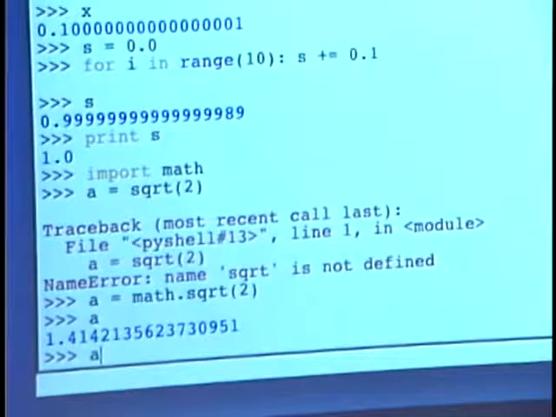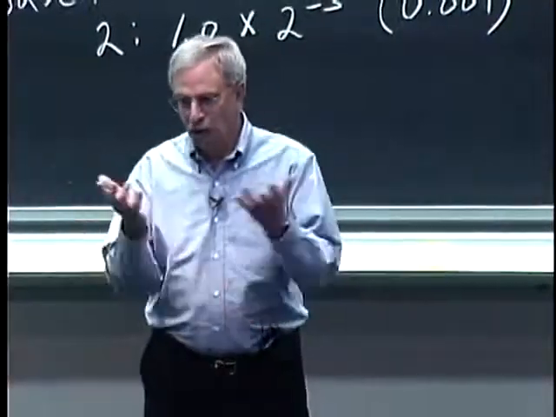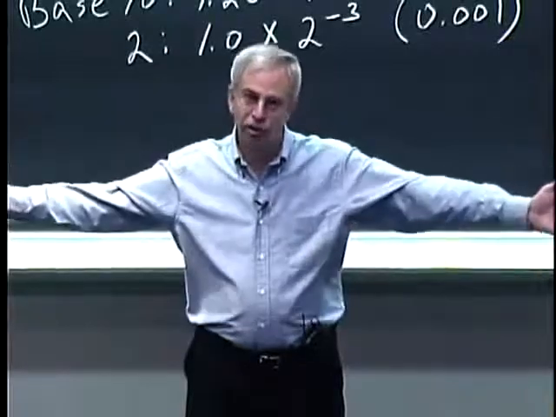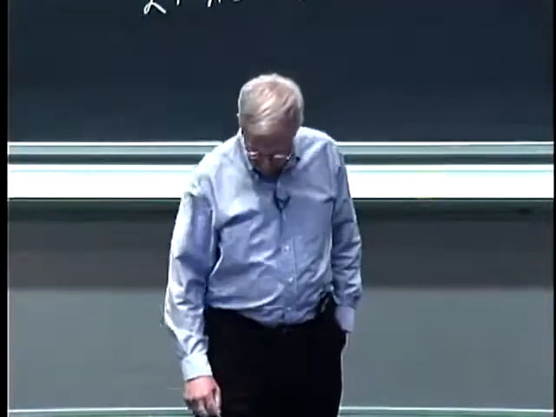Now here's the interesting question. Suppose I ask about the Boolean a times a equals 2. Now in my heart, I think if I've taken the square root of a number, and then I've multiplied it by itself, I should get the original number back. After all, that's the meaning of square root.